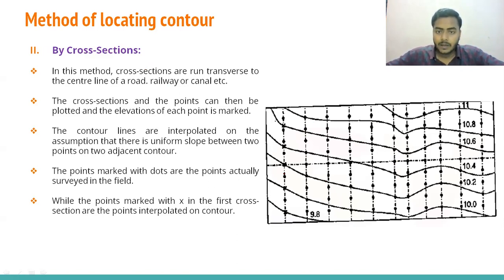What we do is just mark on the line, and at every dotted point you can see in the figure, we just calculate the elevation. At every dotted point we take the elevation.